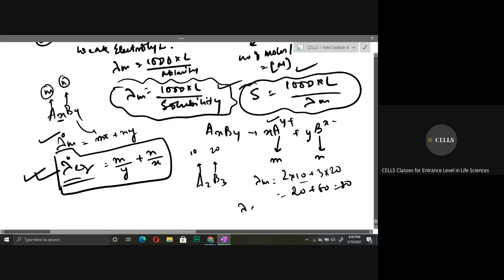But if you find lambda equivalent at infinite dilution, it will be A2 3+ and B3 2-. Then it will be 10 by 3 plus 20 by 2. 10 by 3 is about 3.3, plus 10, that is 13.3. The value will be totally changed.